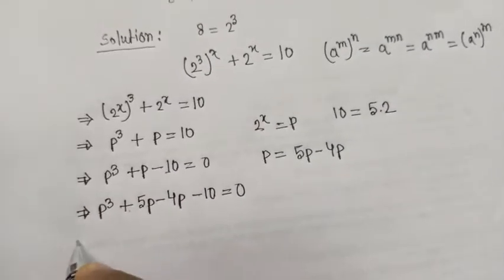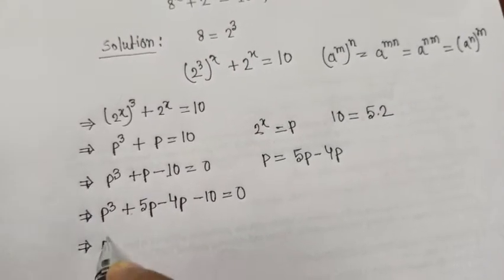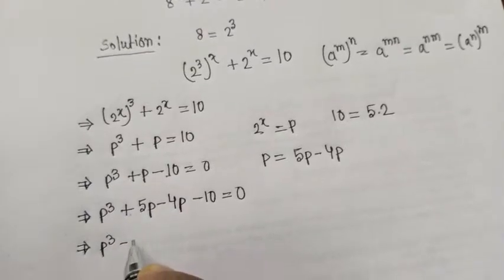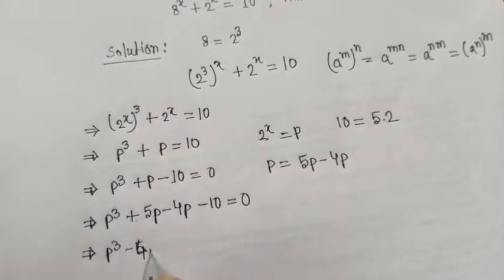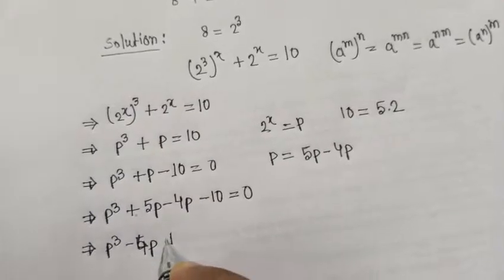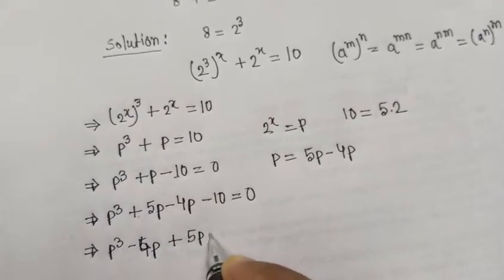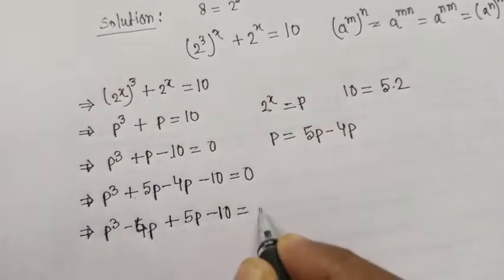Now in the next step we are going to just swap these two numbers, like minus 4p plus 5p minus 10 equals 0.